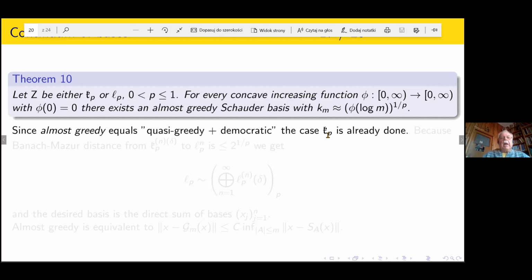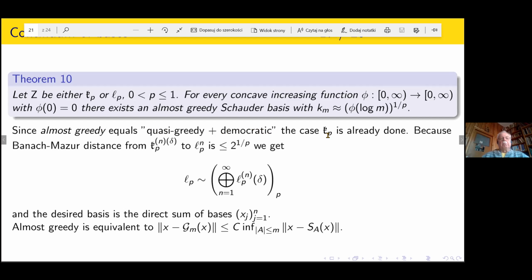And for K_p, we basically proceed the standard way. We build this basis by pieces. We take this finite dimensional space, which depends on D and N. And we know that the x's in this piece are quasi-greedy, they are democratic with this constant, and they have some kind of increasing conditionality constant.